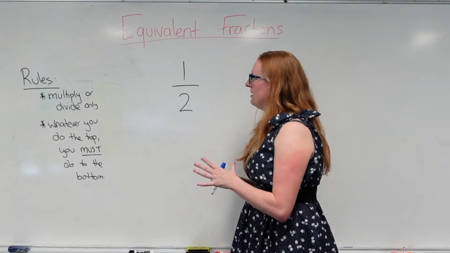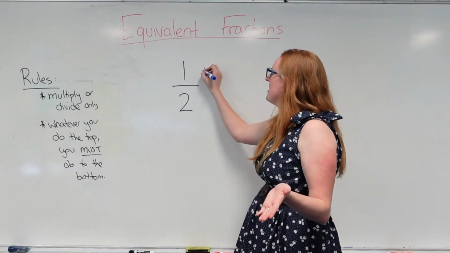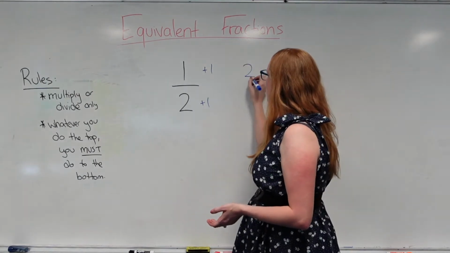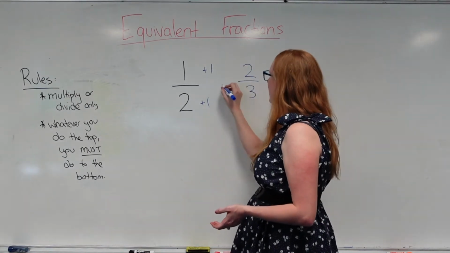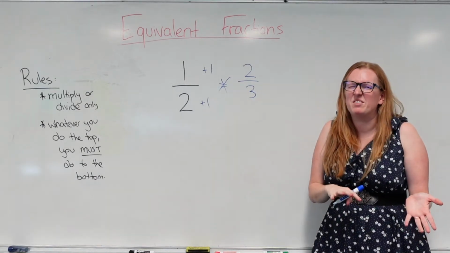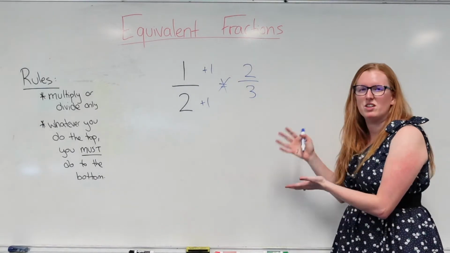So what I mean by that is, for example, I can't just add 1 and add 1. So 1 plus 1 is 2, 2 plus 1 is 3. 2 over 3 is not an equivalent fraction to half. And I'll show you what I mean.